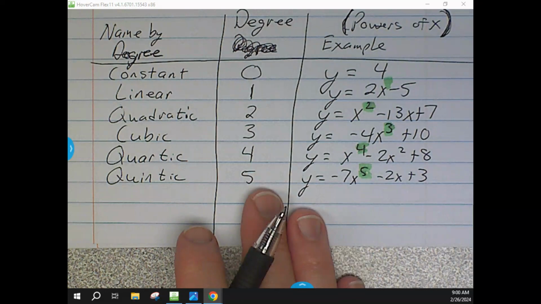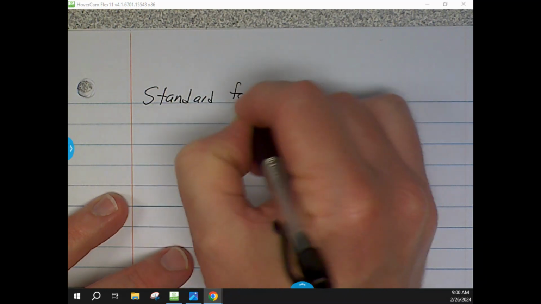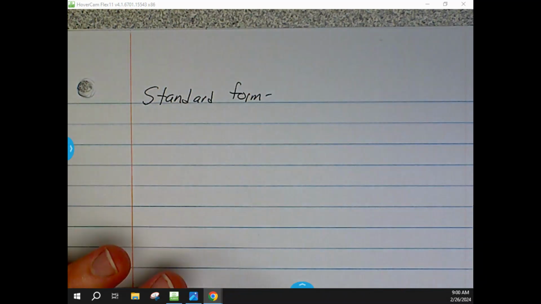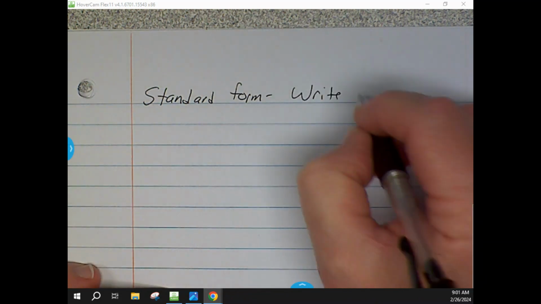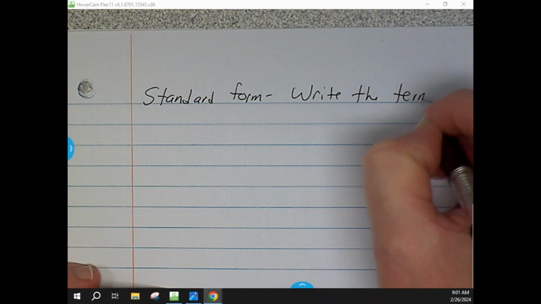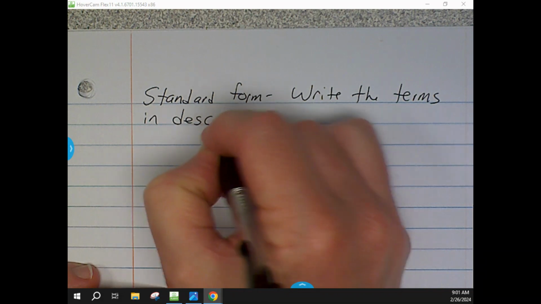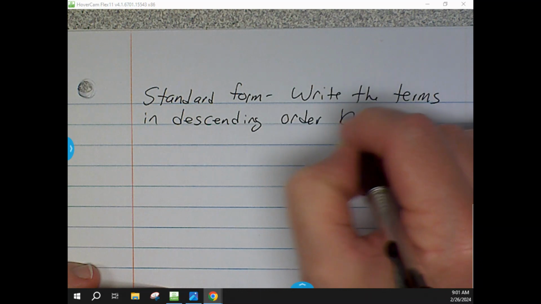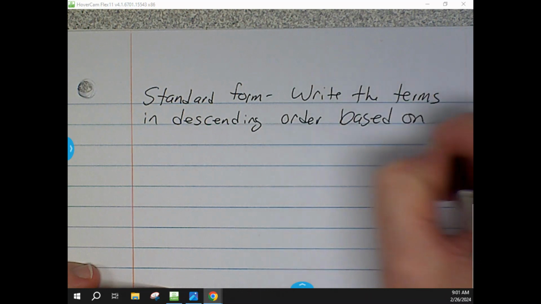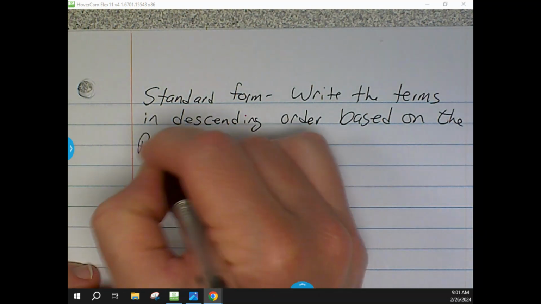All right, and then standard form, which again, y'all know this one. For standard form, you're going to write the terms in descending order, again based on the powers of the specified variable.